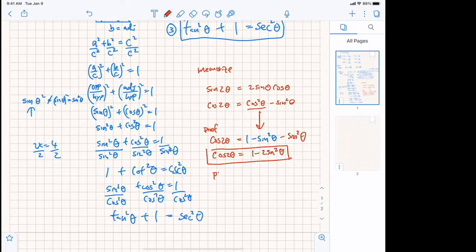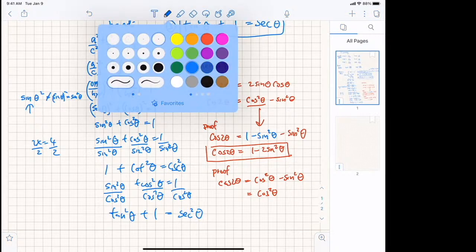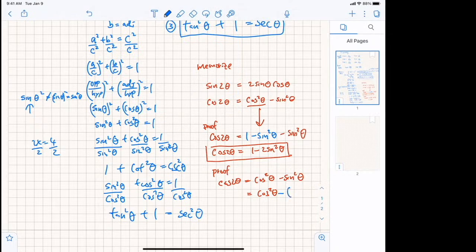I'm going to write down a proof again. Instead of cosine 2 theta, we're going to write it again, so that way we know it: cosine squared theta minus sine squared theta. And we're going to replace the second one as opposed to the first one. So that's equal to cosine squared theta, and then replace that. But when you substitute something, you have to make sure there are parentheses because it affects everything.